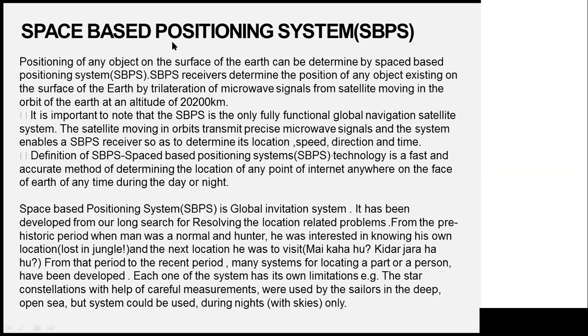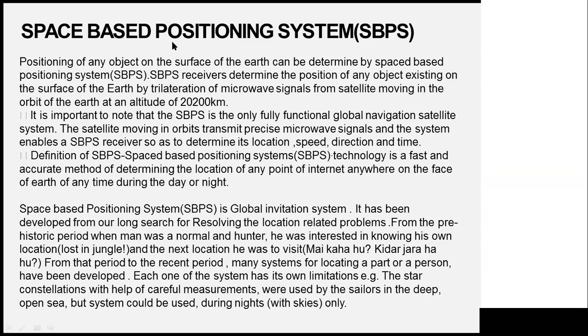SBPS receivers determine the position of any object existing on the surface of earth by trilateration of microwave signals from satellites moving in orbit around the earth at an altitude of 20,000 kilometers.